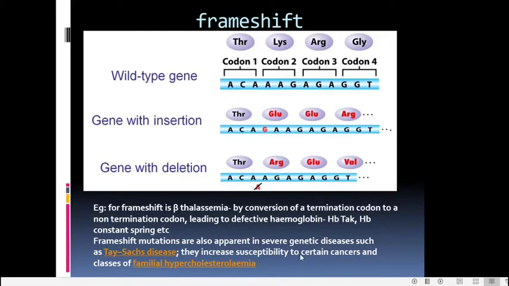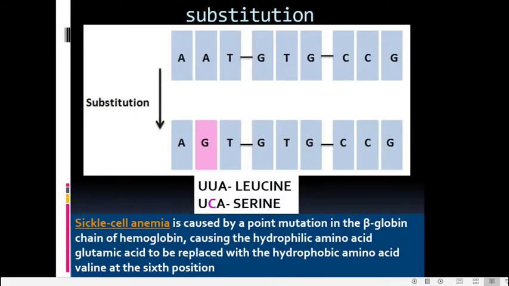And now we will go to a substitution mutation. So here in the first row you can see a normal gene which reads as AATGTGCCG. This is the mutant allele.